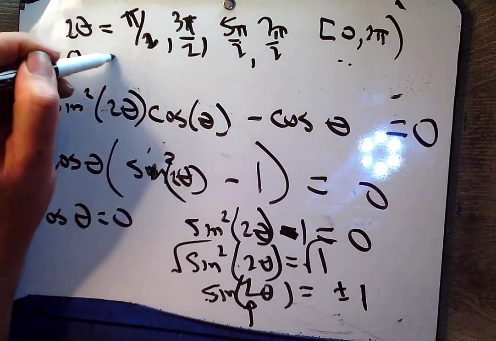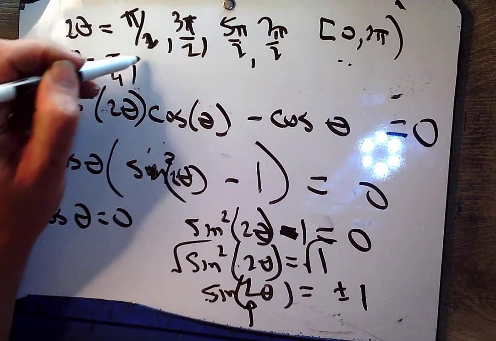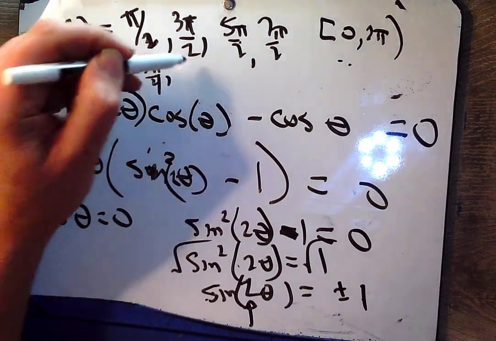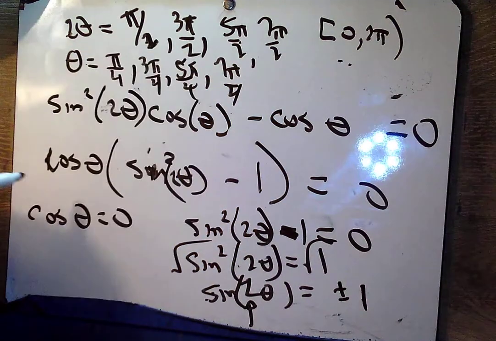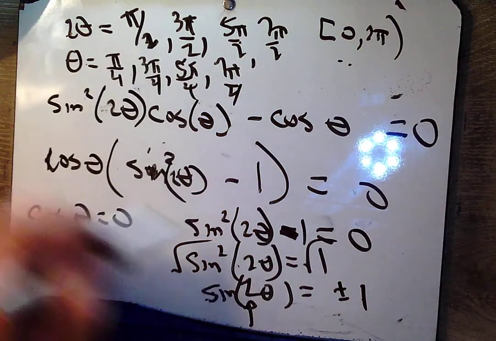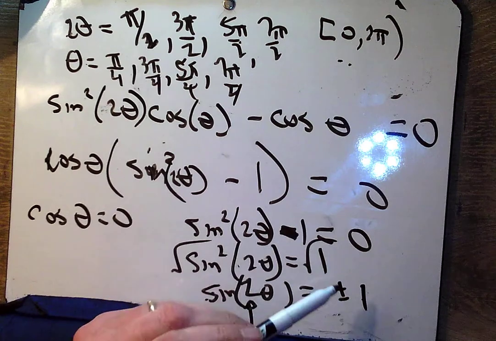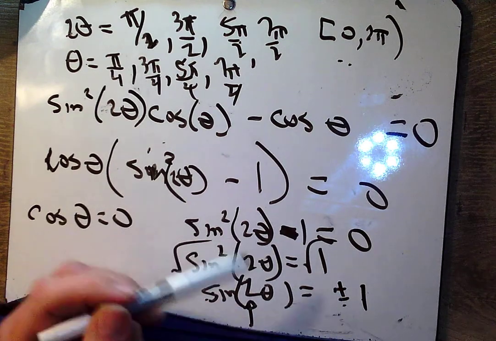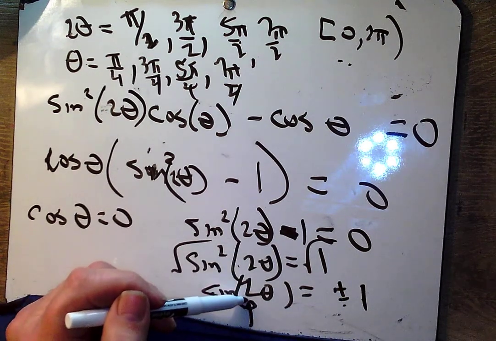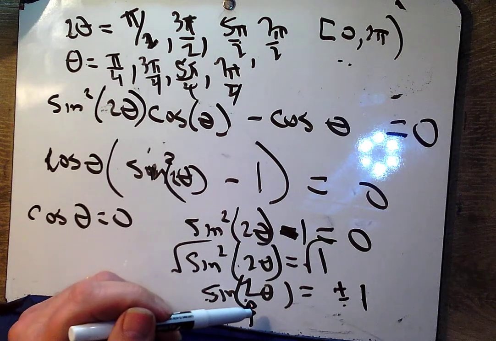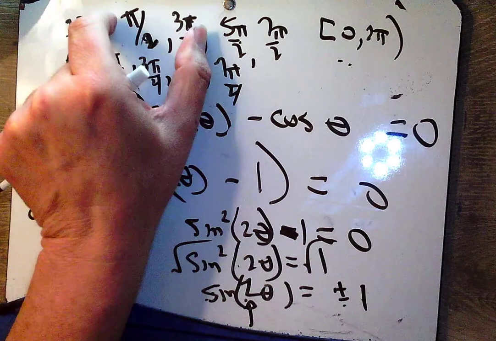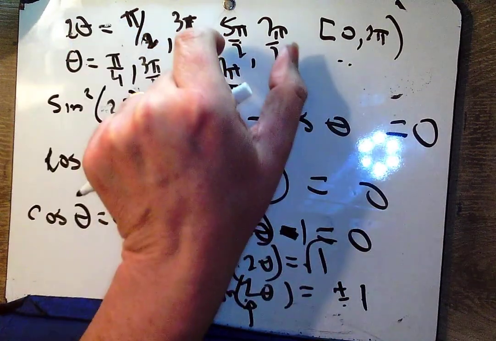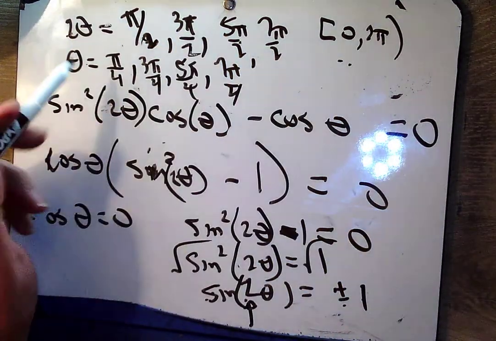So theta equals pi over 4, 3 pi over 4, 5 pi over 4, and 7 pi over 4. Nice. 4 solutions. Did we go around twice? Positive 1, negative 1. Yep. This is the first set of solutions for positive and negative. This is the second set. Yep, those are my answers.